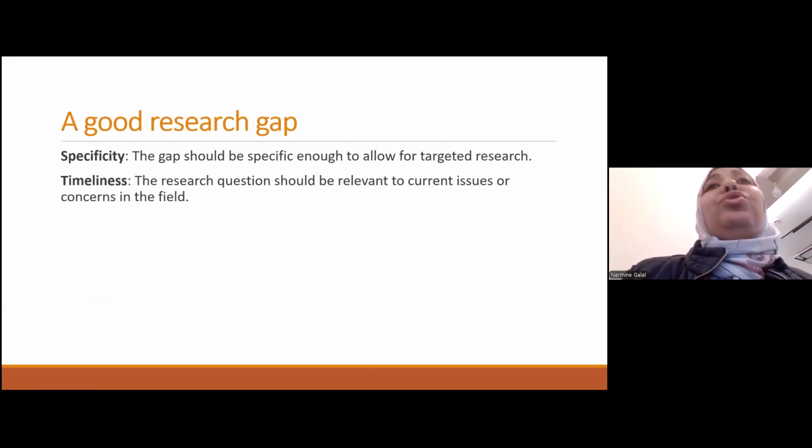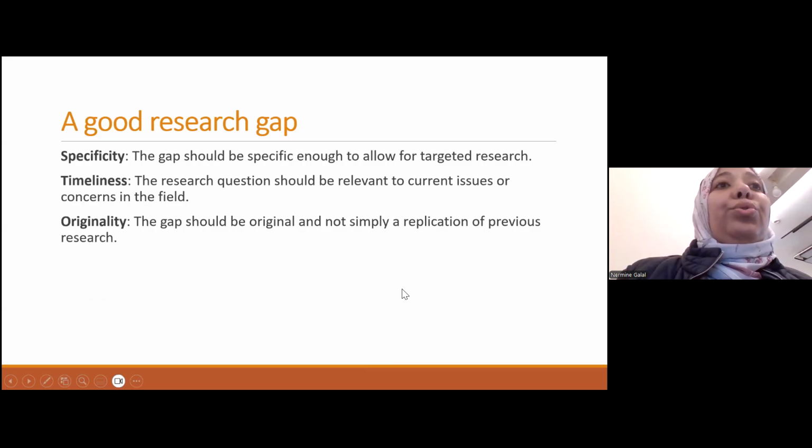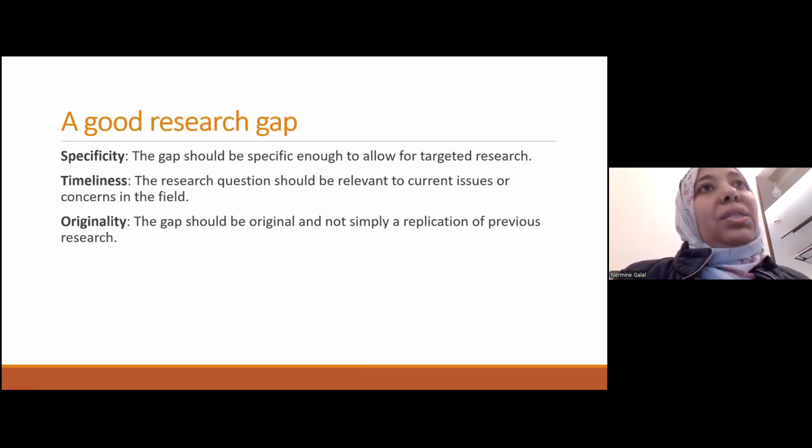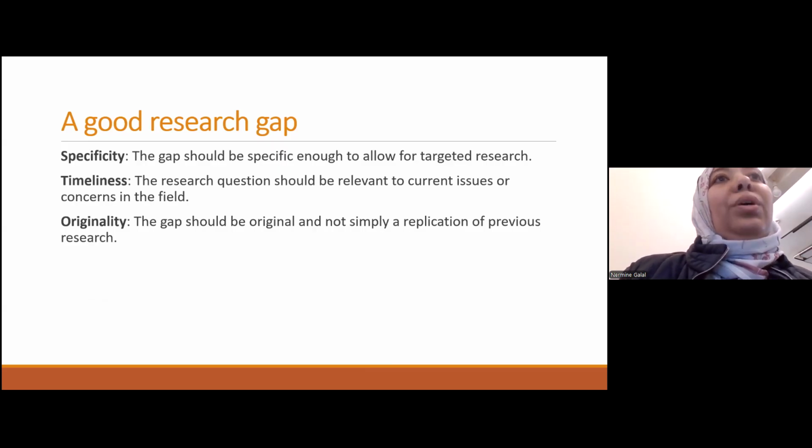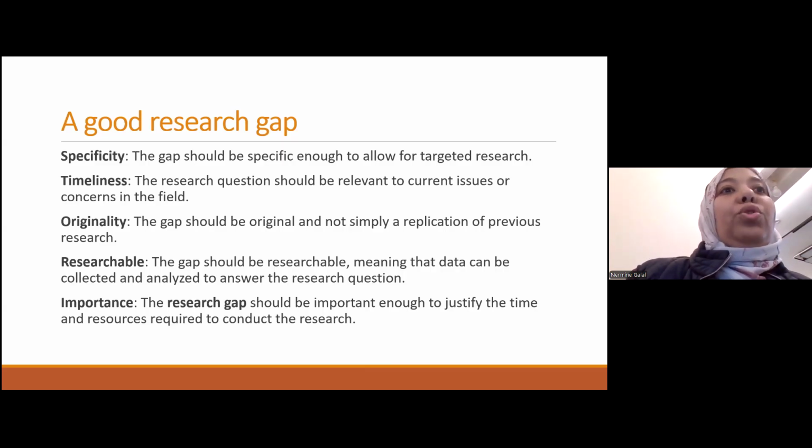It's a reaction to a current need and concern, a growing interest in the field. Also, it should be original, which means that you're not replicating others' work. You are taking what others did and giving it a new identity, taking it into a further or different approach.